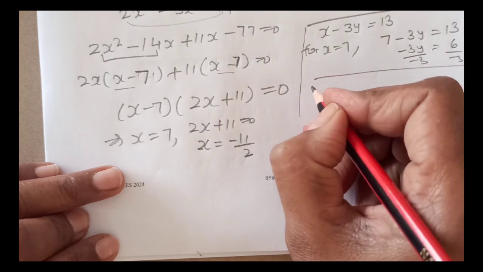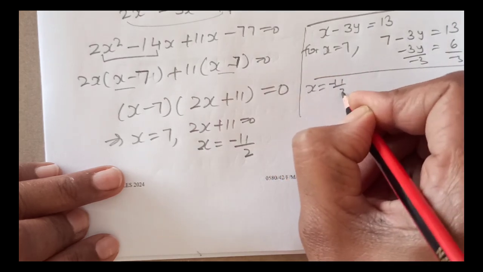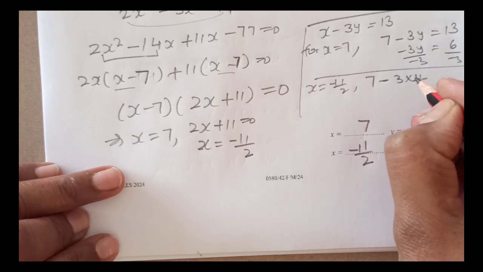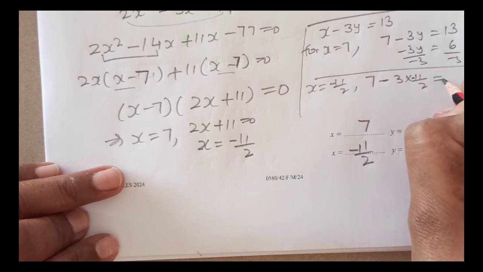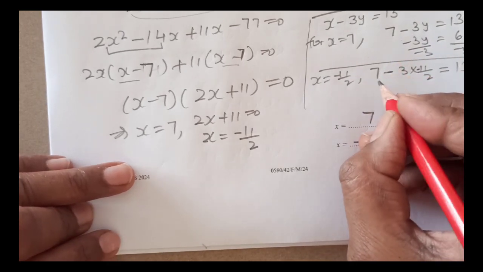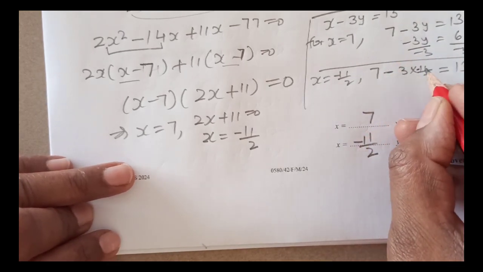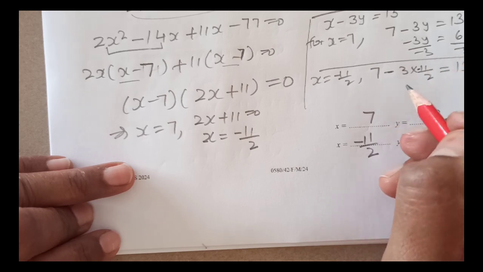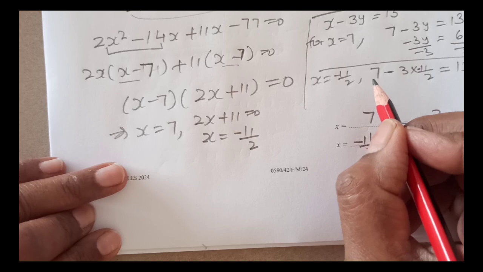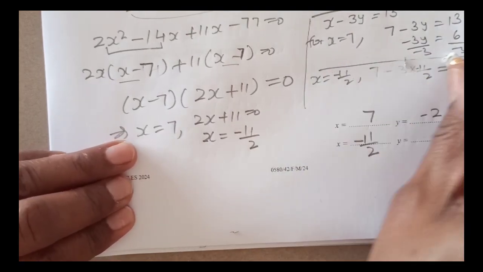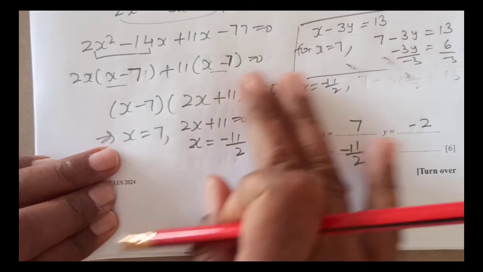Now for x equals minus 11 over 2. Sorry, x is not 7, we need to substitute the value of x.